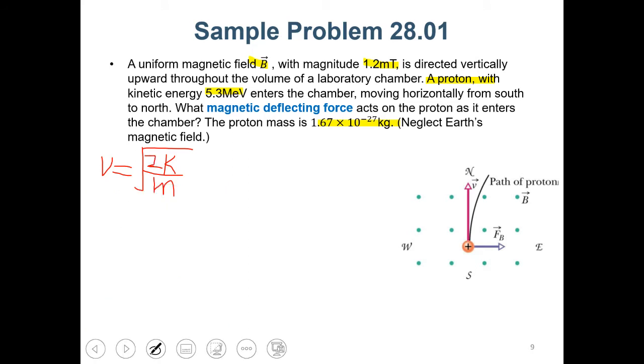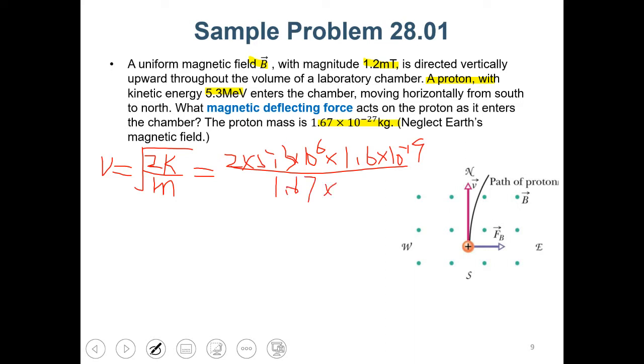Because K is 1/2 mv squared, we have 2K, where K is 5.3 times 10 to the 6 times 1.6 times 10 to the minus 19, over m, which is 1.67 times 10 to the minus 27.